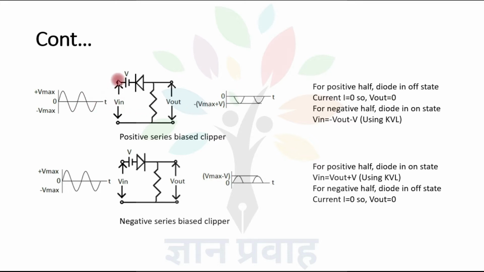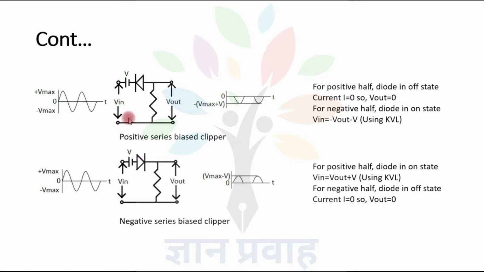For the negative half, this terminal is negative, this one is positive. This one is positive means this PN junction diode is operating in forward bias, because the N side is connected to the negative terminal of this battery and the P side is connected to the positive terminal of this input voltage.